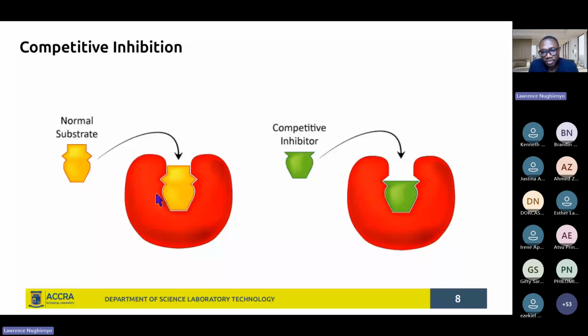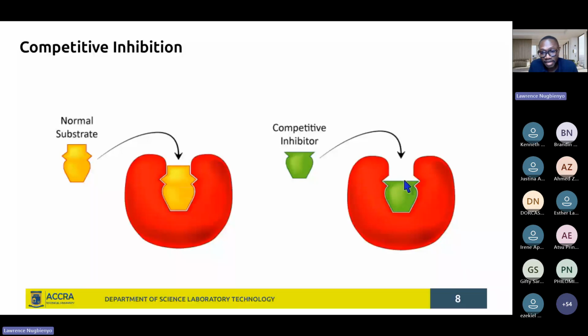But you can have another molecule which looks like that normal substrate. That becomes a competitive inhibitor because it will be competing with the normal substrates for the active center. So when it binds in the active center, it prevents the substrate from coming to bind in the active center. So the reaction is inhibited.